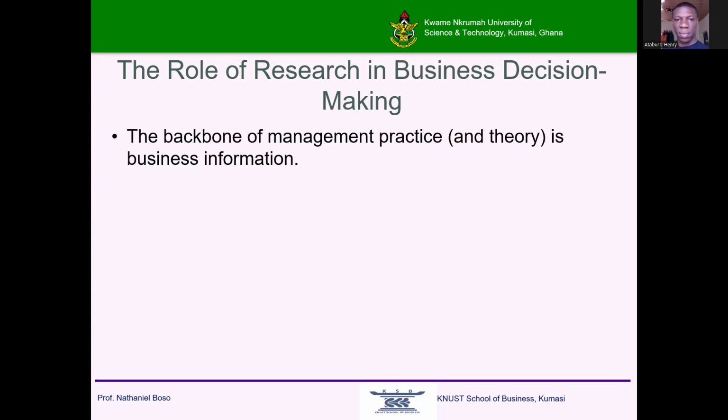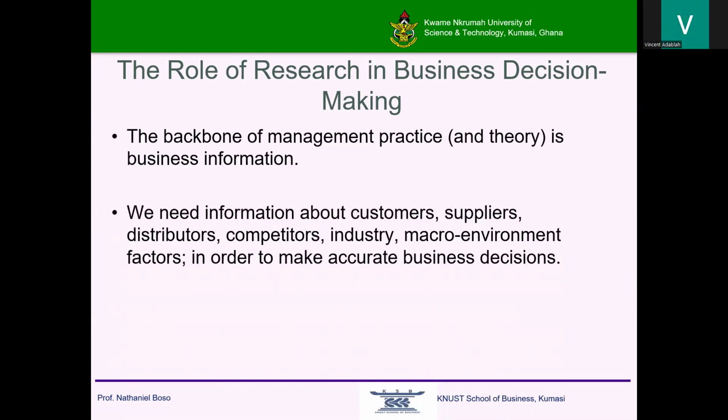If you are not informed, you cannot make good decisions. You may end up making wrong decisions, and that will not end the business well. So decision making is a key aspect of management in various spheres, and the backbone of that is information. If information is a backbone for management practice and decision making, then that information must possess certain characteristics.